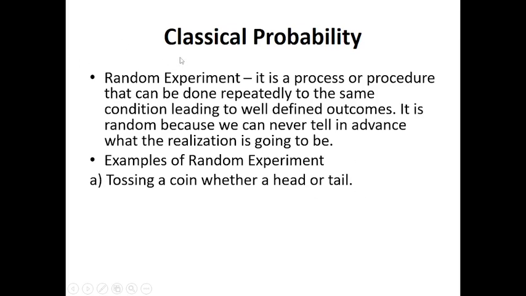So that is what we call a random experiment, because it is random. We can never tell in advance what the realization is going to be. We don't know whether head or tail will appear upon tossing a coin.